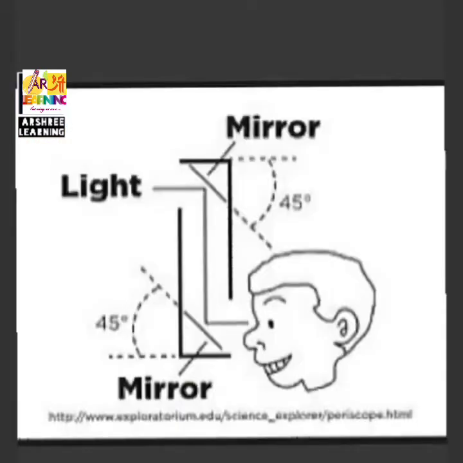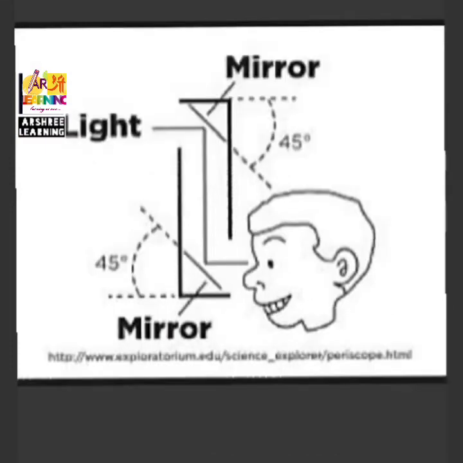The two mirrors are put at an angle of 45 degrees, and when they are put at this angle of 45, the first mirror and the second mirror reflect the image, that is the light which is entering from the top.